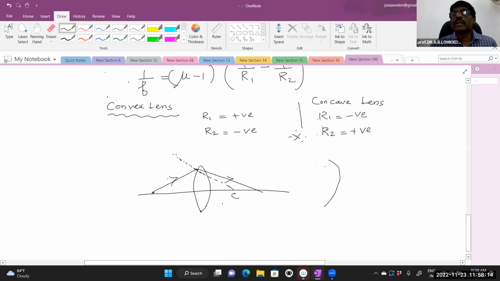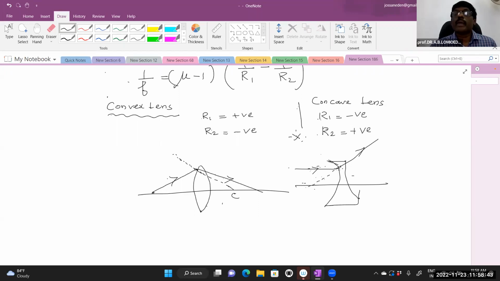When you consider the concave portion like this, when the incident light falls on it, it will be diverged. If it is coming straight incident on the concave surface, it will be diverged like this. This is a very important phenomenon for these convex and concave lenses.